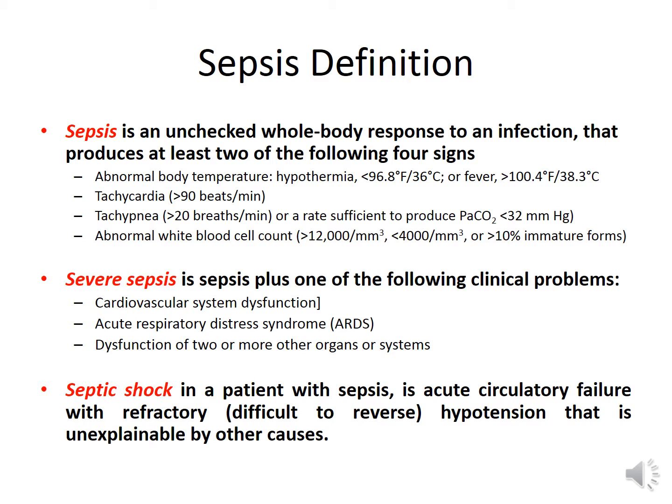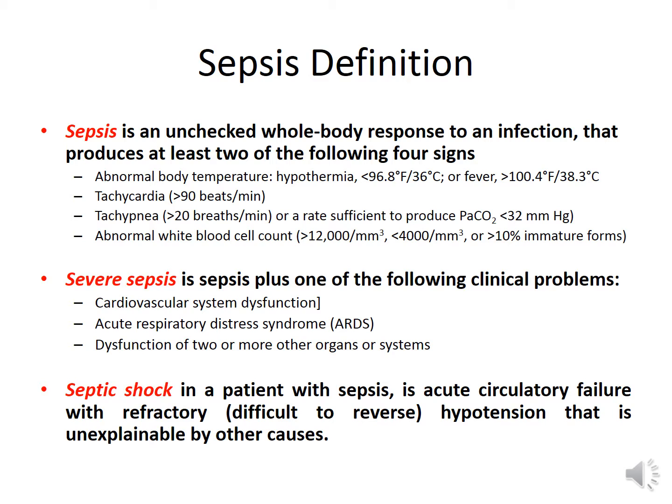If not treated timely, it will develop into severe sepsis. Severe sepsis is sepsis plus one of the following clinical problems: cardiovascular system dysfunction, acute respiratory distress syndrome, and dysfunction of two or more other organs or systems. Furthermore, if severe sepsis is not treated timely, it will develop into septic shock.